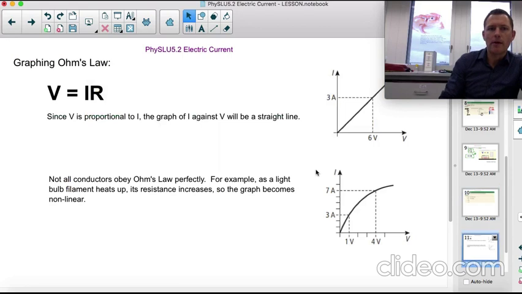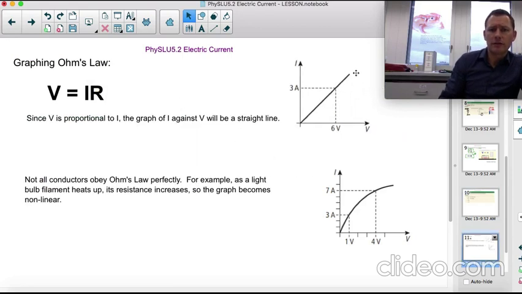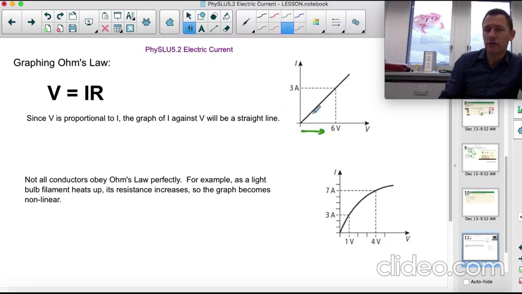All right. If you graph V equals IR, often you get this straight line where, as you increase the push, the voltage, the potential difference, you get a linear change in the current. So more voltage, more current, more voltage, more current. Not everything does that perfectly, like filaments in a light bulb. As they get hotter and hotter, the heat makes them more and more resistant.